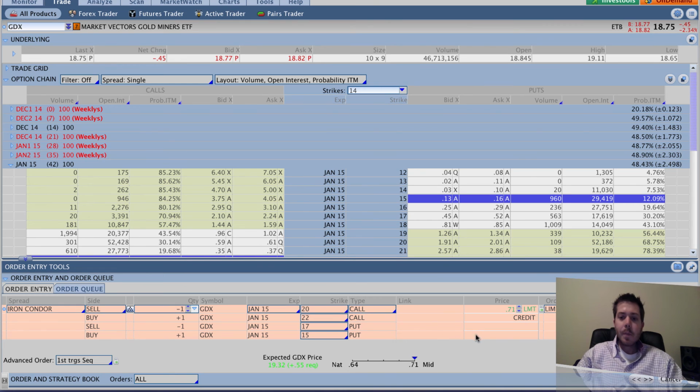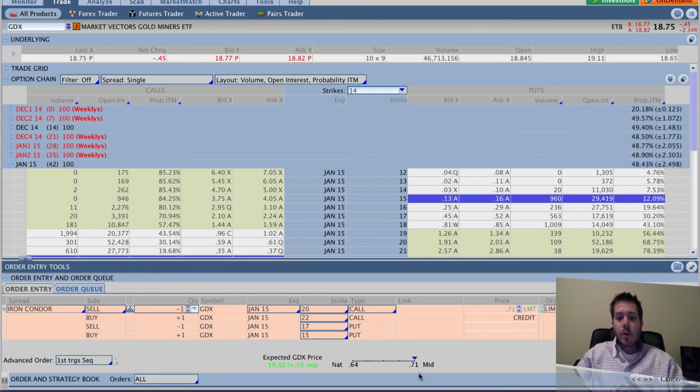So you can see if we rebuild this spread, we're above our 30% width of spread minimum. So we're still looking at a balanced spread here, but we've moved out to January. This has a nat price of 64, a mid price of 71. So we're looking at a 7-cent mid-nat spread. That's not too terrible for a multi-leg, 4-leg spread like an Iron Condor.